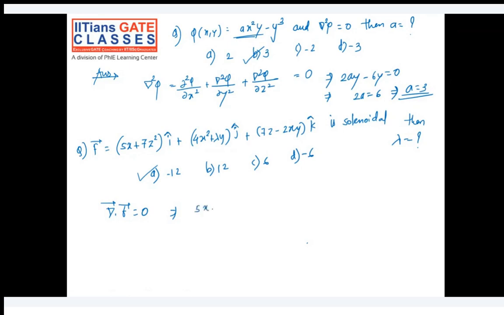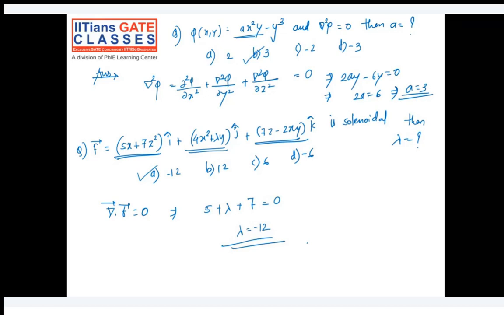So lambda is equal to minus 12. That's all. What is del dot f bar? It's dou f1 by dou x plus dou f2 by dou y plus dou f3 by dou z equal to 0. This is what we are saying.